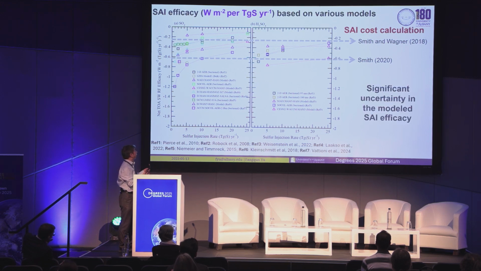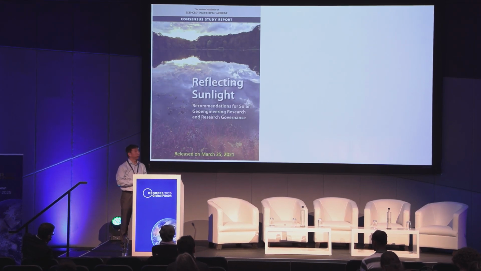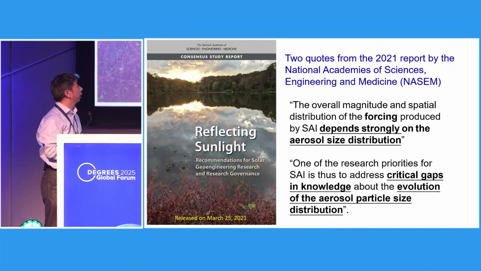So from these results, you can see there is large uncertainty in the model, similar to SAI efficacy. And that's important. Actually, the National Academies of Sciences, Engineering, and Medicine published this report, and they emphasize the need to reduce uncertainty. I give two quotes here.